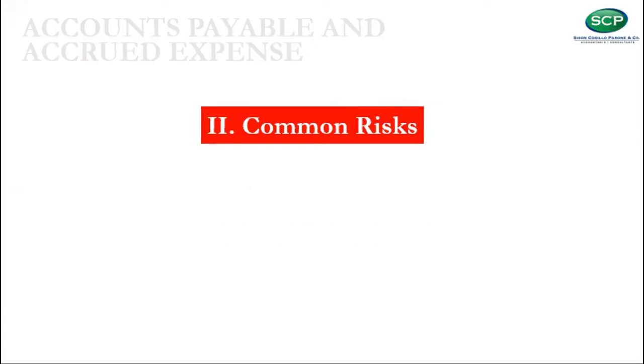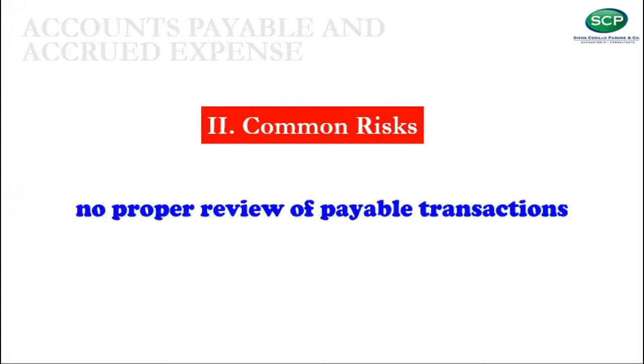So in summary, understatement in the account balance, payment to wrong vendors, double payment to vendors, and even fictitious vendors can arise when there is no proper review of payable transactions, such as payable setup, payment of payables, and or recording of payable transactions.